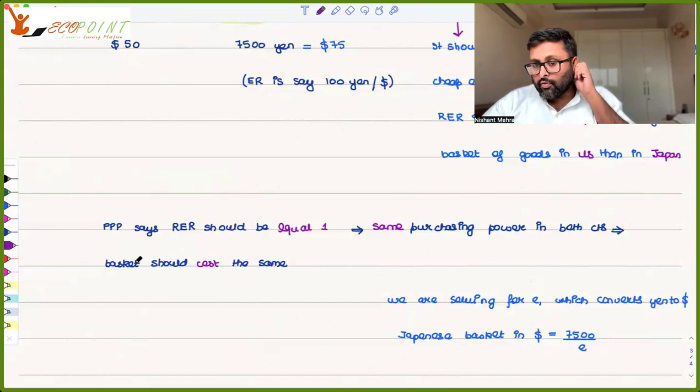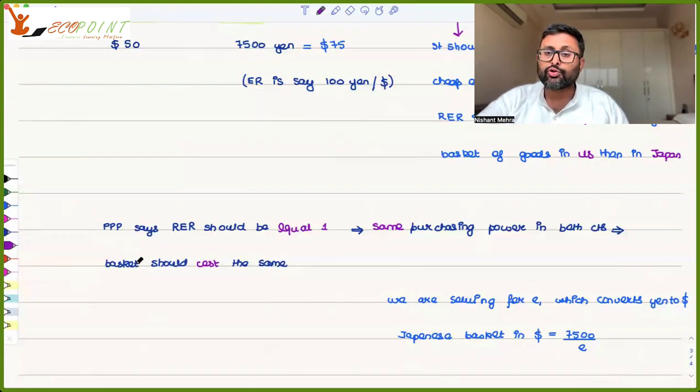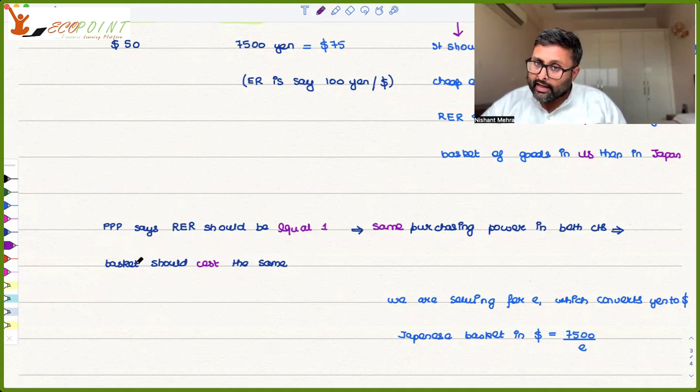So we are going to solve for the exchange rate here, which is going to convert yen into dollars. You remember your Japanese basket. If you want to buy the basket of goods in yen in Japan, it is going to cost you 7,500 yen. But if you convert that into dollars, it will be 7,500 upon 100, which is equal to $75.